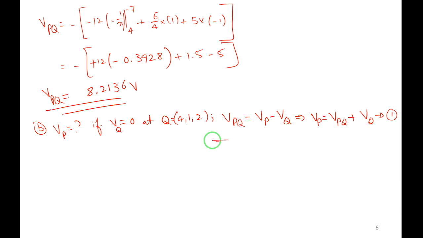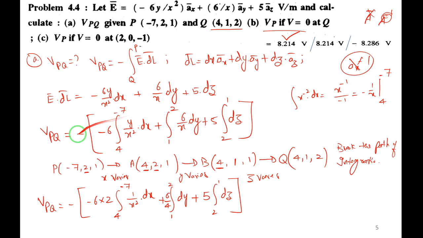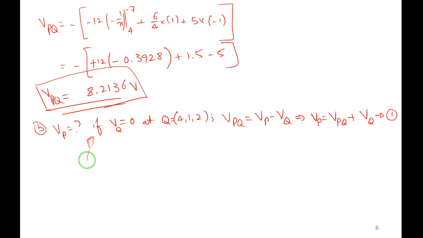Just observe here, the coordinates of point P are the same as before, so VPQ we have already found out in the first part. VQ is given, so make use of this and directly calculate VP. Don't apply this formula once again. VPQ is 8.2136 volts.